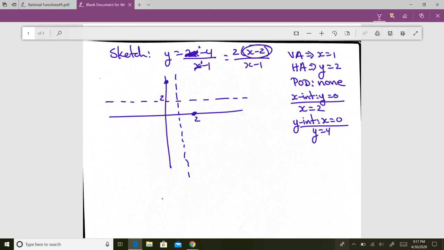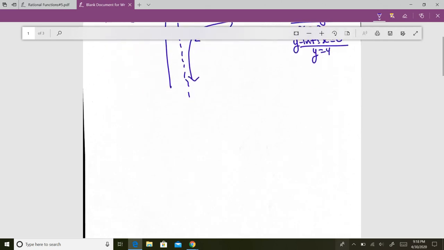That'll be a fifth. Everything's done for you. You don't have to test any points because you cannot touch the horizontal or the vertical, so you know your graph has to look like that. And same for this one. We have a up there, so like that. And that's it.